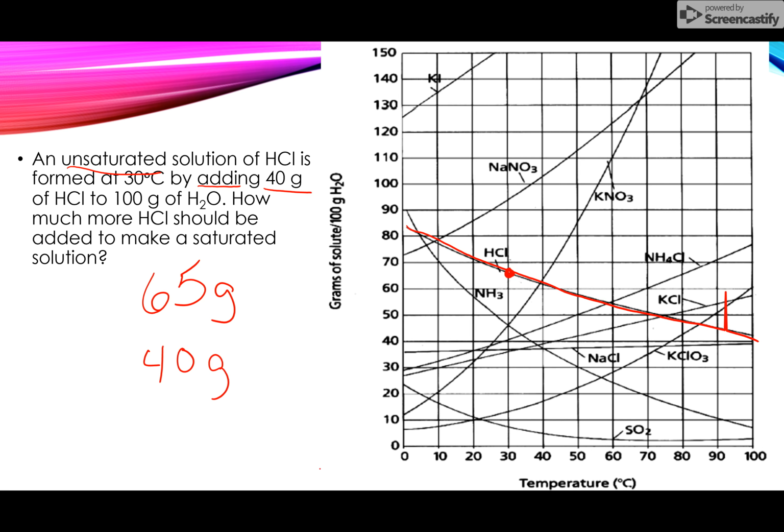How much more HCl should be added to make a saturated solution? Saturated is on the line, but yet you've only added 40 grams. You could add 65, you've only added 40. So how much more could you add? You just subtract to find out. You have 40, you could add 25 more grams to get yourself to 65, and then you would be saturated.